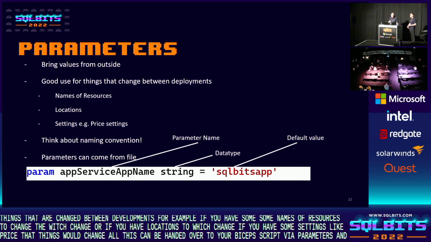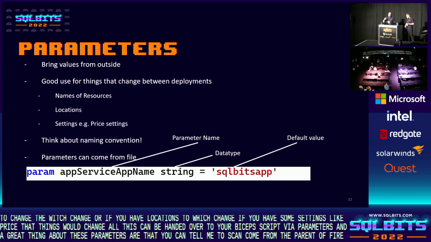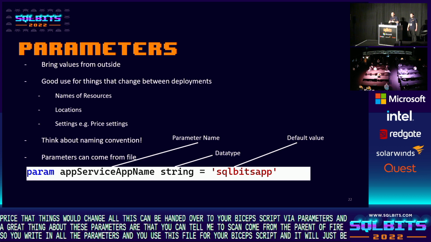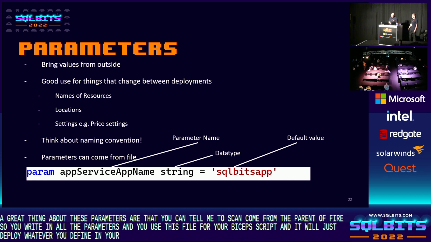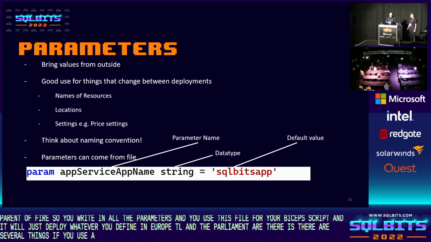And a good thing about these parameters is that they can come from a parameter file. So you have a file, you write in all your parameters, and you use this file for your Bicep script, and it will just deploy whatever you defined in your parameters. And there are several things if you use a parameter.